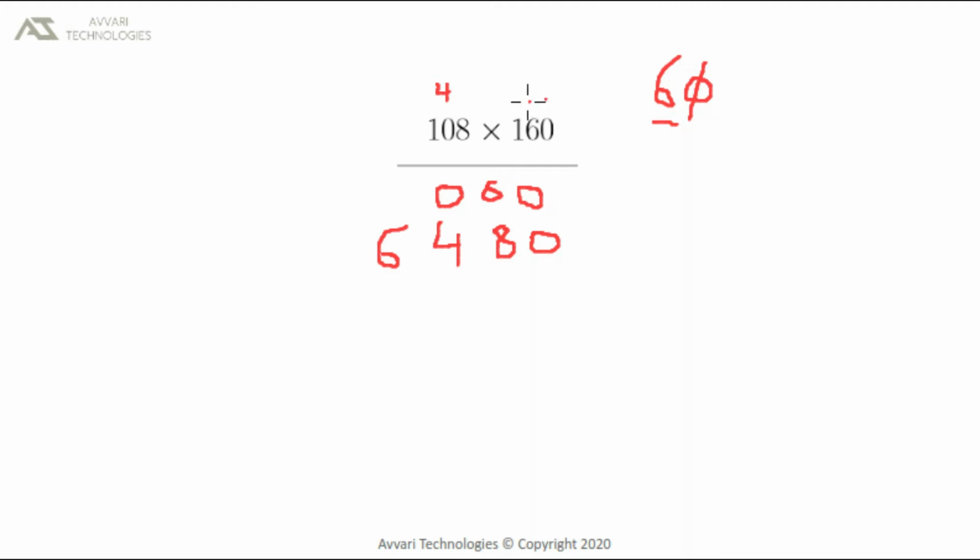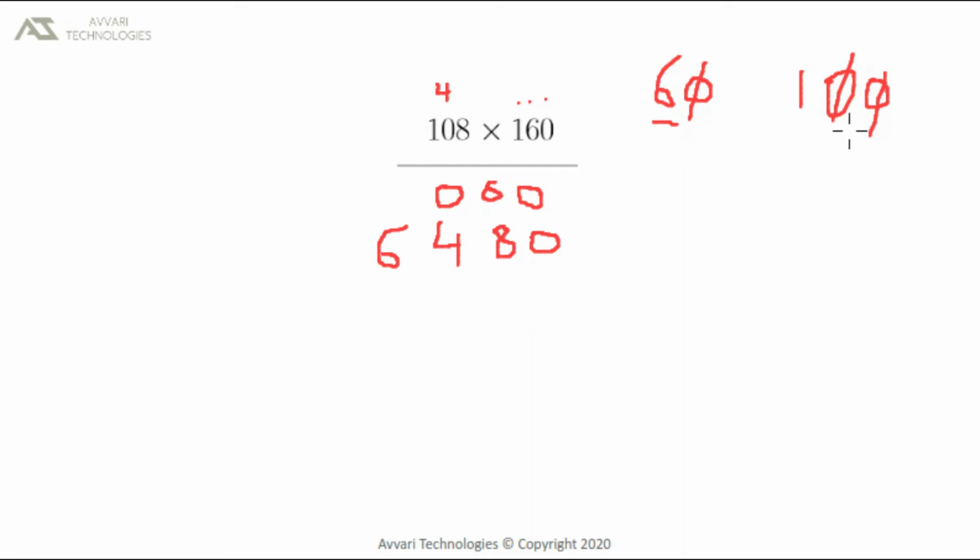Now let us move on to the 100th place of the multiplier. Here the 100th place is 1. So 1 into 100 is 100. We will not consider the two zeros to the right of the number, so the number becomes 1. 1 into 8 is 8.